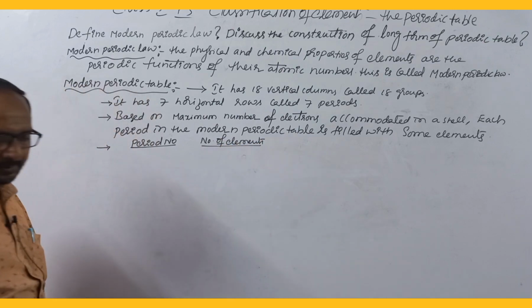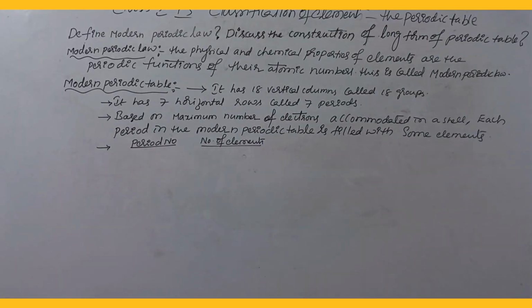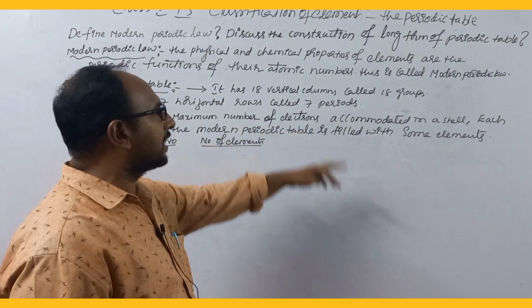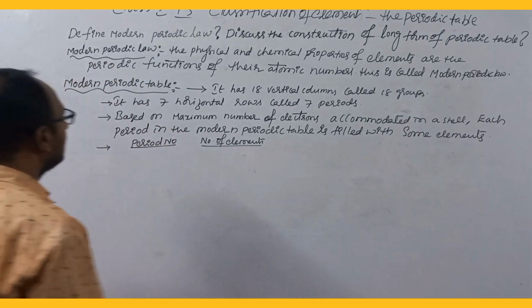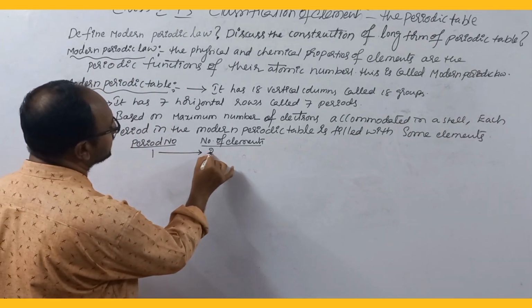So every period has some number of elements. How many elements can be filled in a period? This is taken from the maximum number of electrons accommodated in a shell. For example, period number 1 has 2 elements.